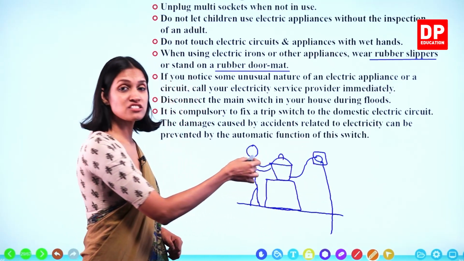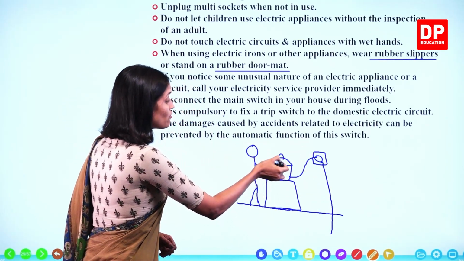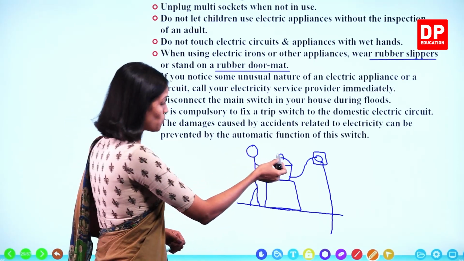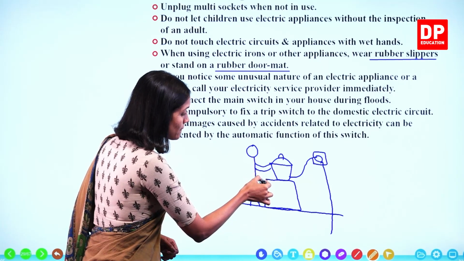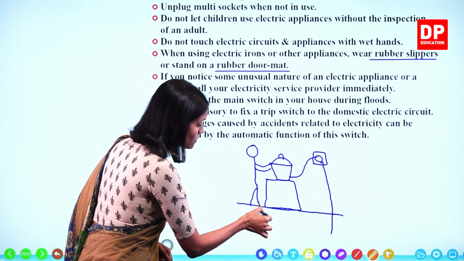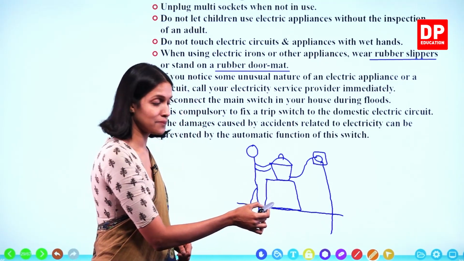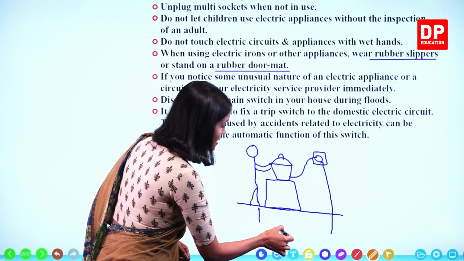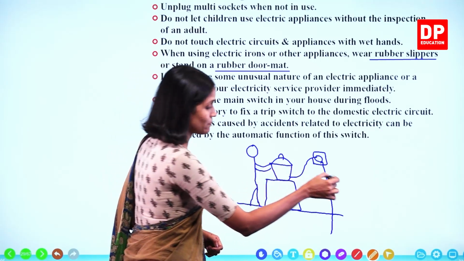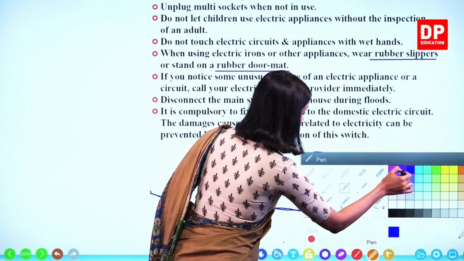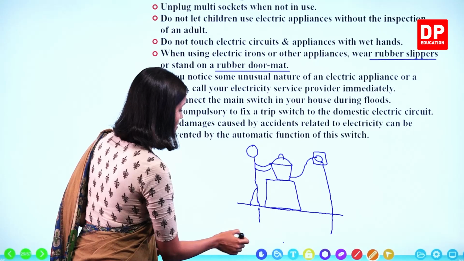Let's say that because of electrical leakage, if you get electrocuted, what will happen? The electric current passes through your body and it goes to the ground. And at the same time, what happens? Through the ground, it can go through this wire, complete in a circuit. So I'll draw the path with a different color, right?